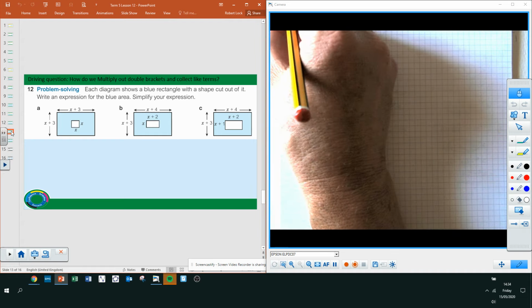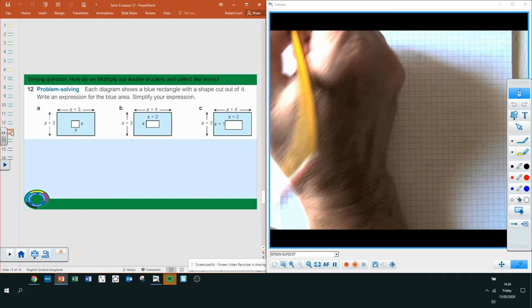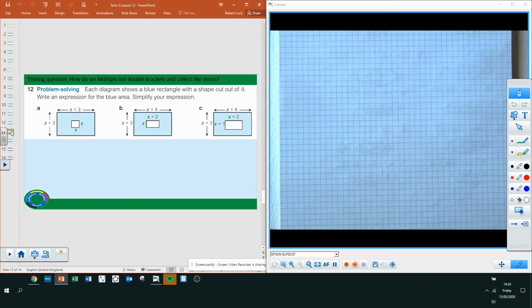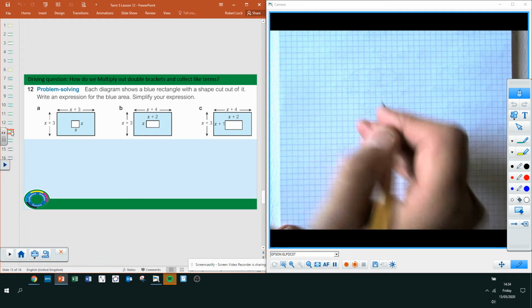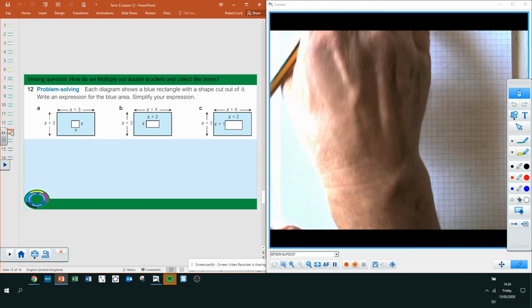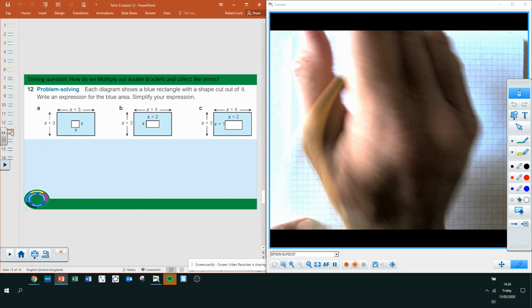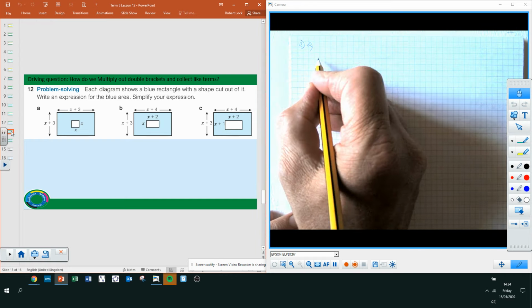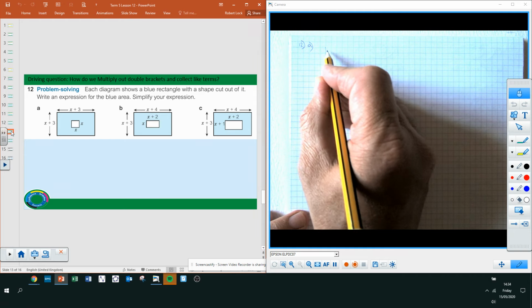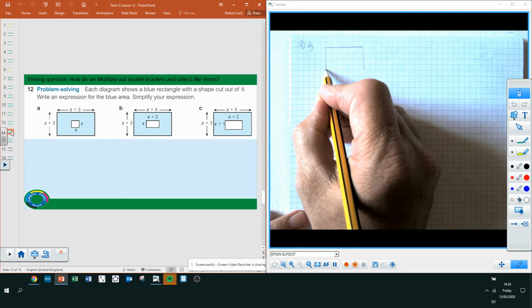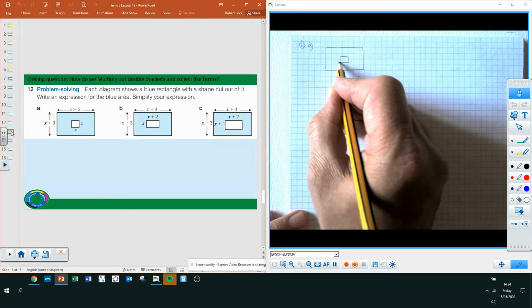So, 12A. Write an expression for the blue area. We'll draw it out.